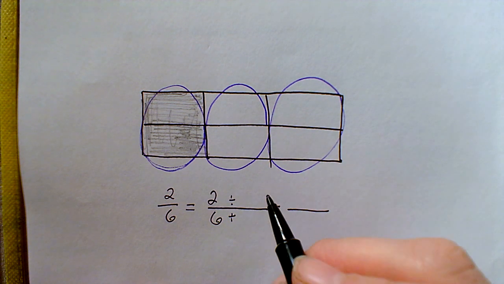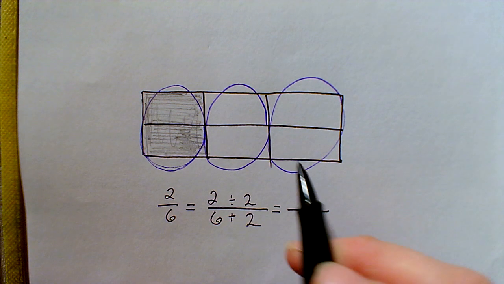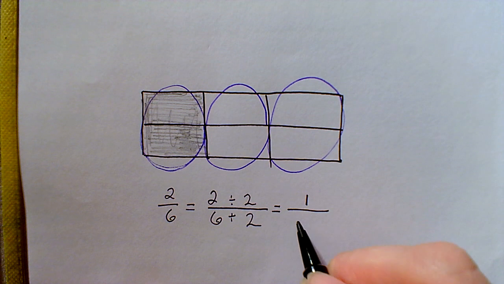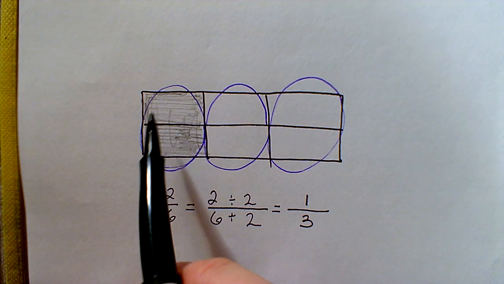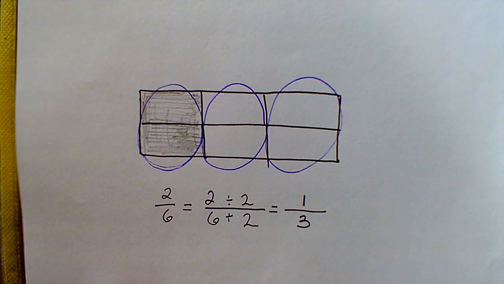So I would divide by 2, and then that would show us how many groupings we now had. So we had 1, and here this became 3. So you can see we have 3 groups, and those are our larger fractional units, and one of them is shaded. This would be one group, and it is shaded, so that's why our numerator is 1. So this is what we did yesterday.